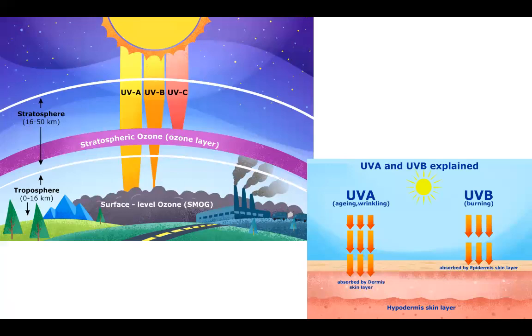It's the epidermis, the upper skin layer, which is being burnt by UVB. And this is related to skin cancers. So that is why people always say, please, you have to wear sunblock. You have to guard yourself against a sunburn, because that is what's going to give you the skin cancer.